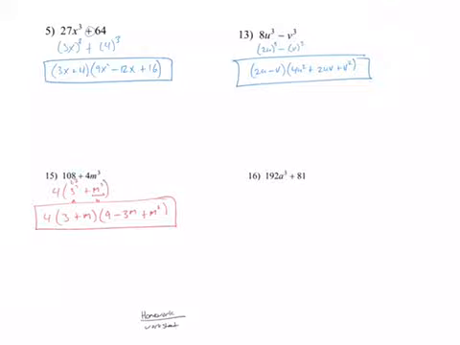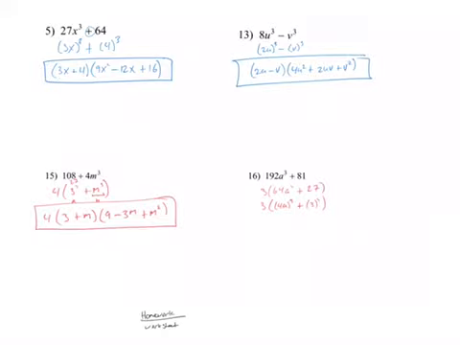One more for good measure here, because again, I'm not noticing either of those to be perfect cubes, so I'm going to see if I can factor something out of both of them. I notice I can factor out a 3, and I did that with a calculator by seeing what number could factor out of both of them. I thought maybe a 9, but 9 doesn't factor out of that 192. So I'm just going to rewrite this now as 3 times 4a cubed plus 3 cubed.